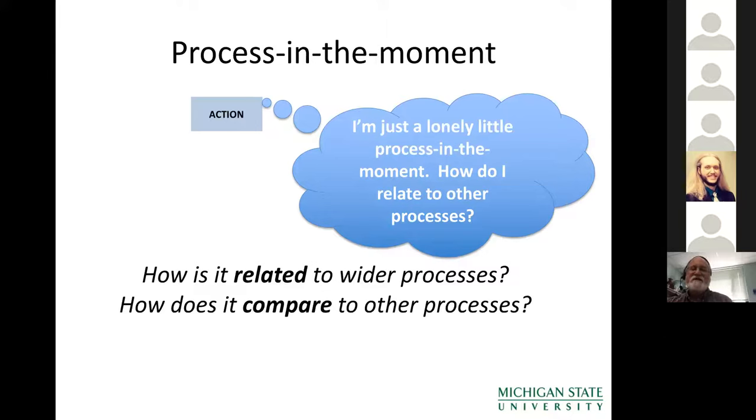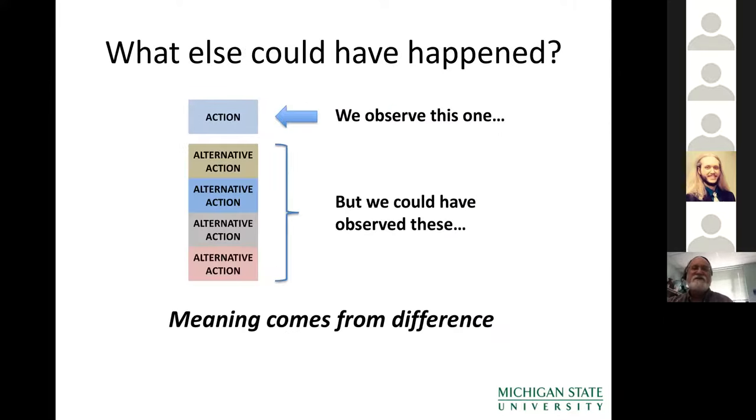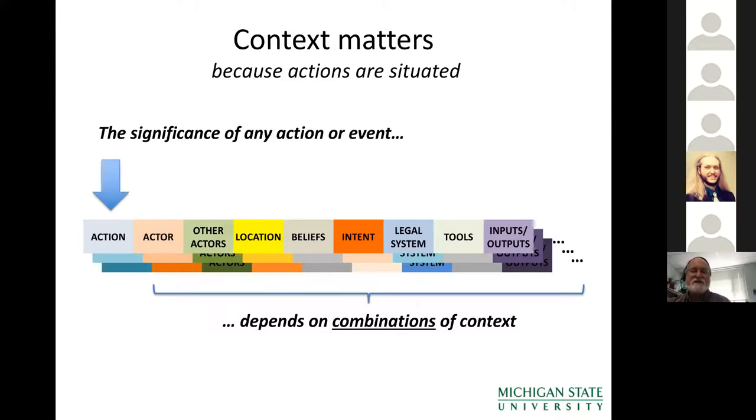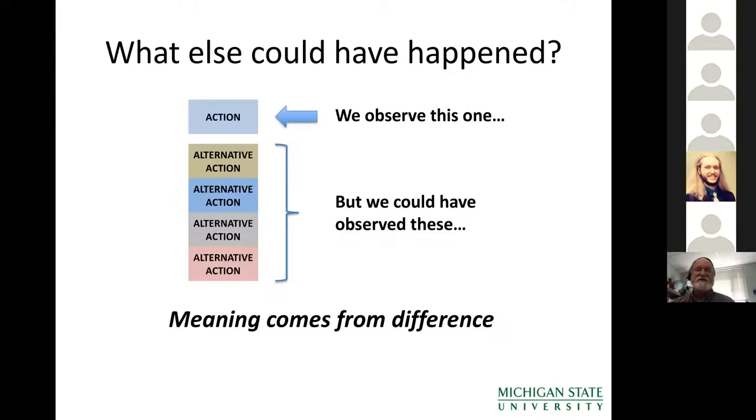And the question is how it's related to other processes, how it compares to other processes. The first question you might ask is, you observe one action, but you could have observed other actions, other alternatives. And the meaning of the one action that you observe comes from difference, right? You see one thing, but there could have been others.